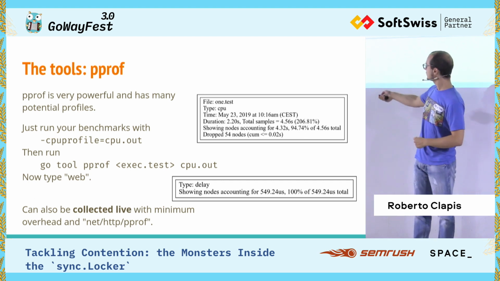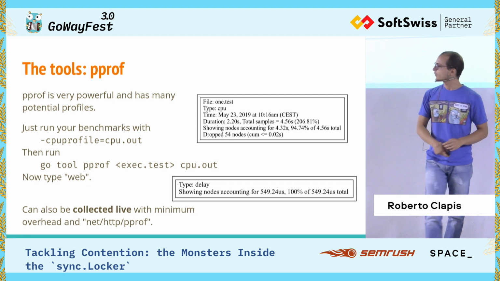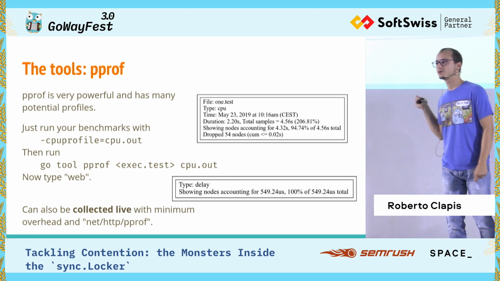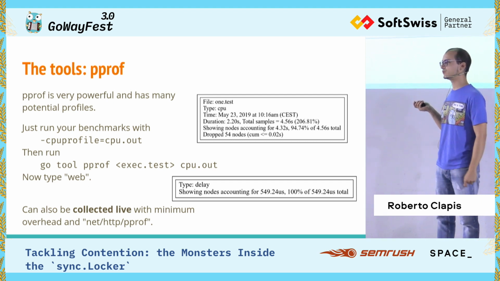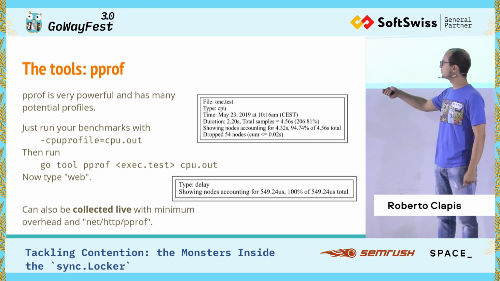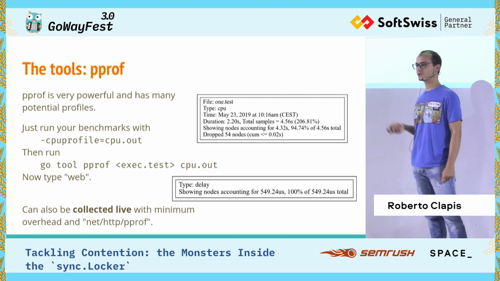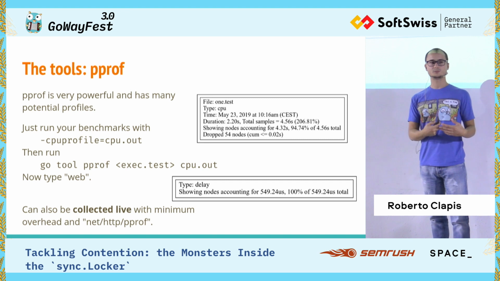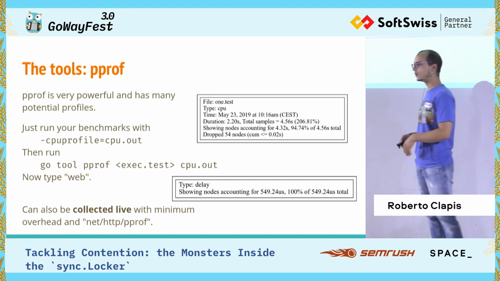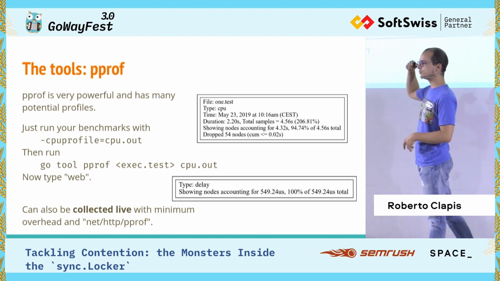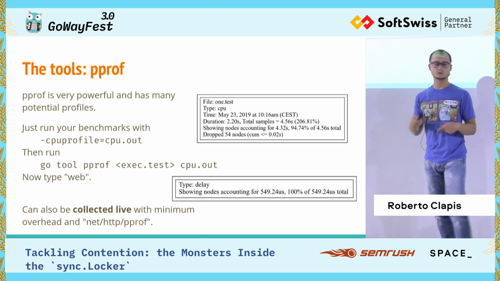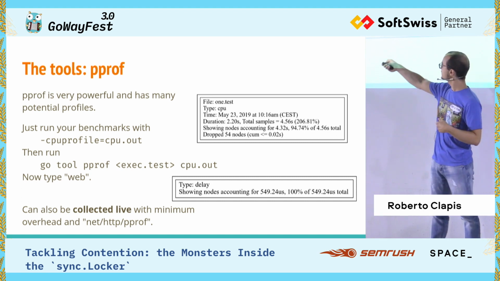So Go gives you that. If you just import that package, you don't need to do anything else about it. You just have to import it, with an underscore in the import. This is going to register an HTTP handler that is going to listen on localhost and will allow you to connect to it and download this file, basically.